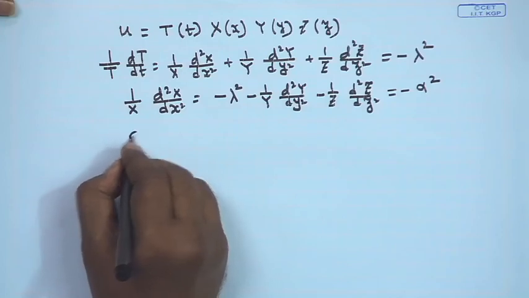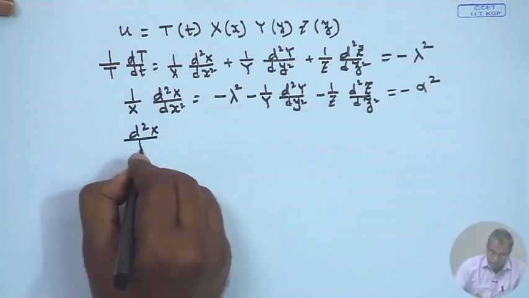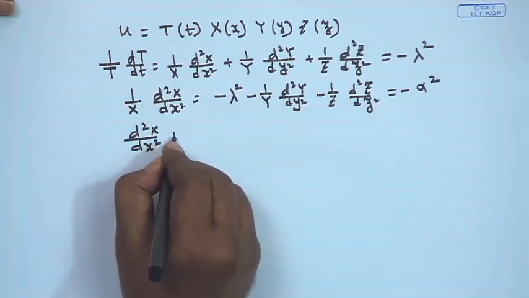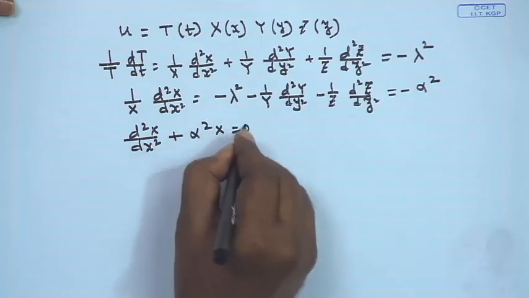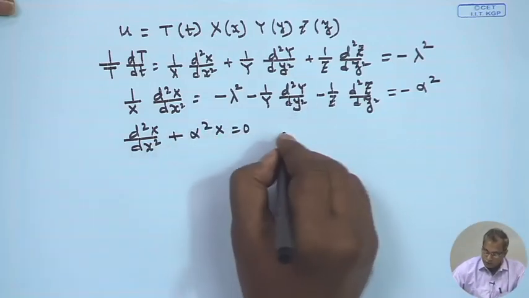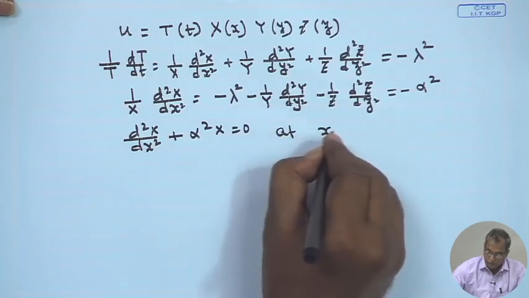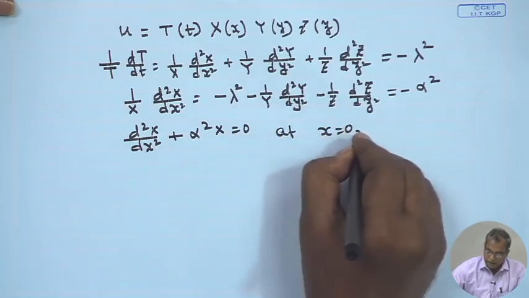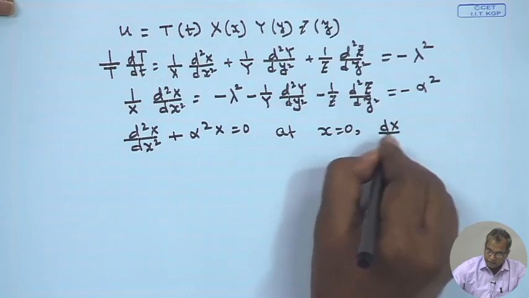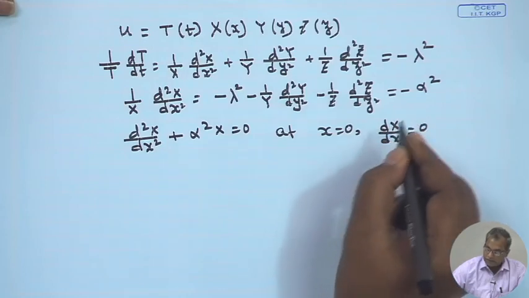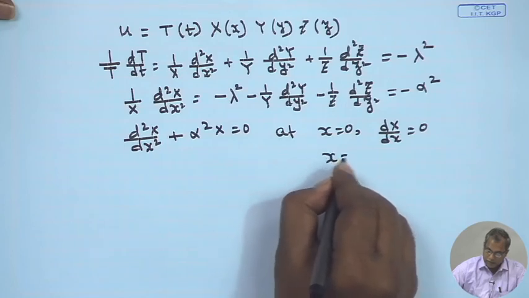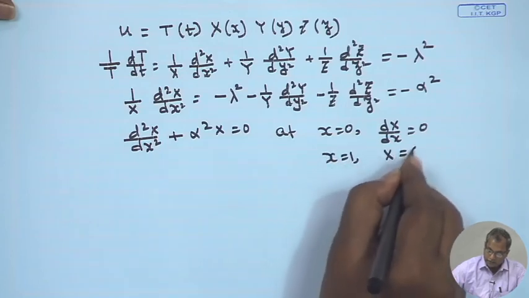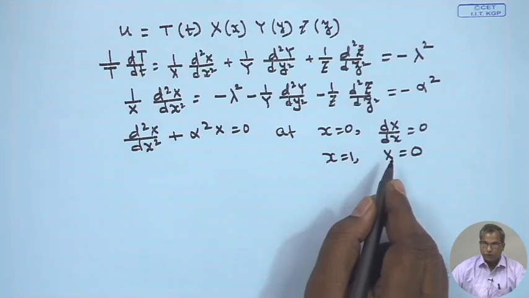So, we will have a standard eigenvalue problem in the x direction as d square X dx square plus alpha square X is equal to 0, subject to the boundary conditions of the original problem in the x direction: at x equal to 0, dX dx is equal to 0, because the gradient del u del x was 0 in the original problem at x equal to 0, and at x equal to 1 we had X equal to 0. So, you know the solution of this problem.